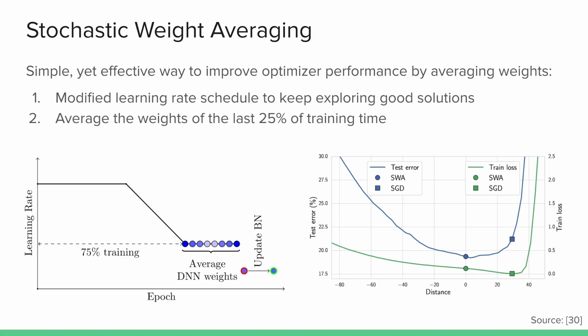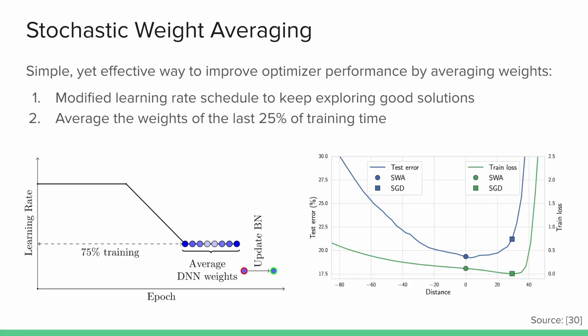And they've shown that for many cases and in many scenarios, this stochastic weight averaging that you perform for the last 25%, where you memorize the weights and then average them out, allows you to find the center of this large flat surface that generalizes better and therefore obtains a lower test error.